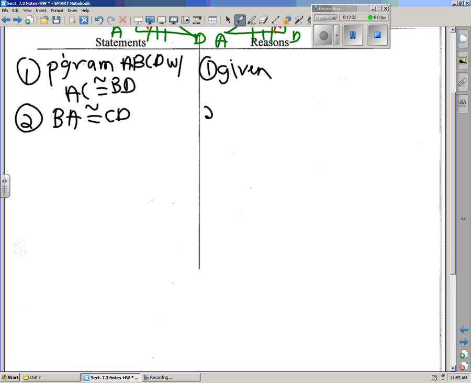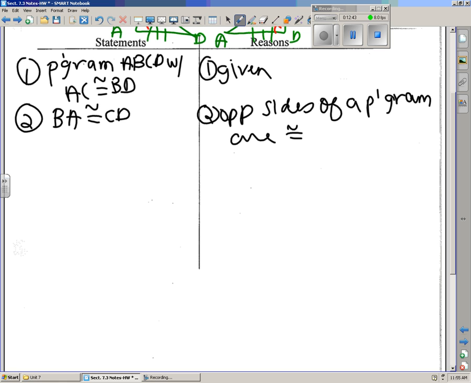And the reason for that is opposite sides of a P-gram are congruent. Okay? So that's two pairs of sides. We know that AD is congruent to itself. And the reason why we know this is because it's reflexive.